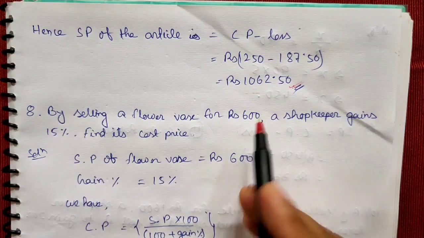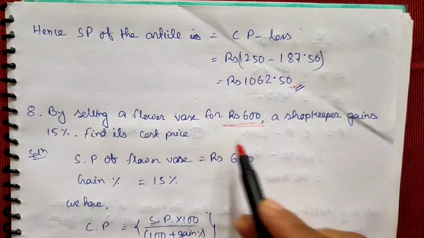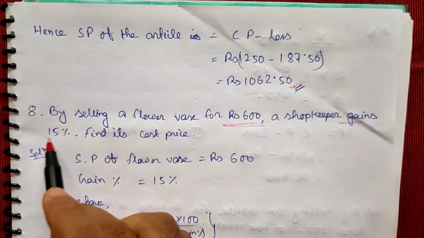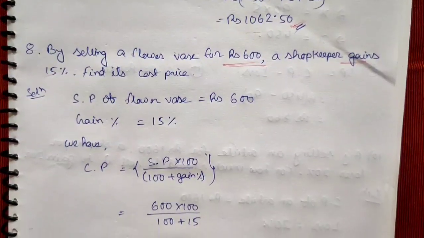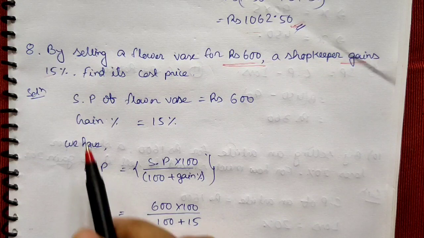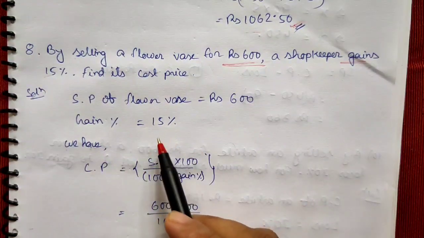Here SP is given. Selling price means SP, 600. Gain means profit, it is 15%. Now we have to find the cost price, that is CP. So we have written SP of the flower vase is rupees 600. Now gain is profit percent.